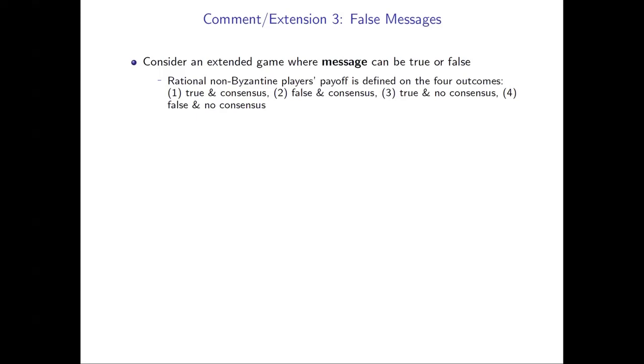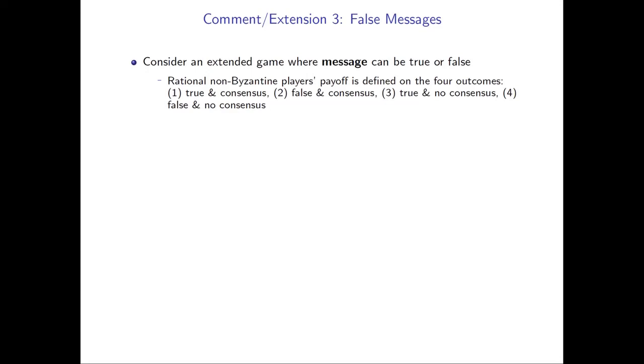My third comment is more complicated to do. I think maybe this is for a follow-up paper. So we can think about an extended game, right? Right now, we focus on two outcomes, whether a consensus is reached or a consensus is not reached. But we can also think about the message having a nature of truth or not.